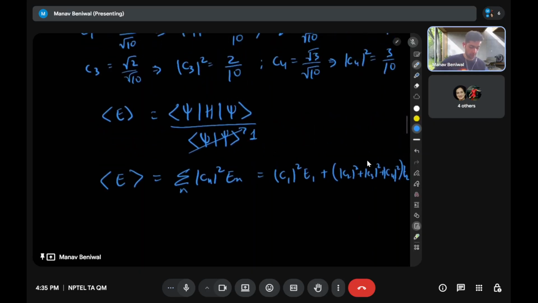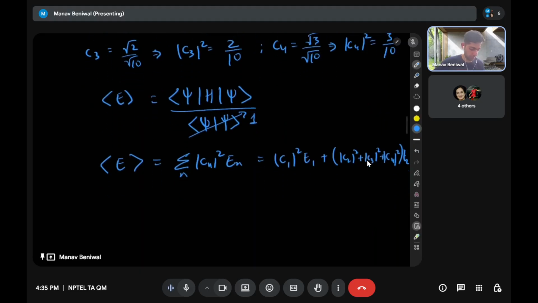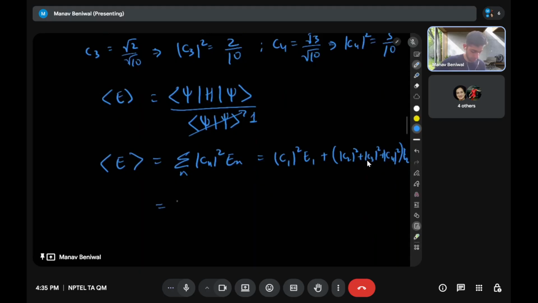Mod c1 square is 4 by 10, so this is 4 by 10 e1, and then let's add all these up.